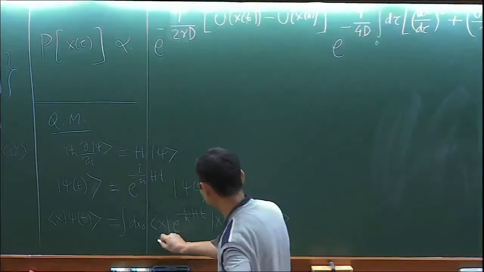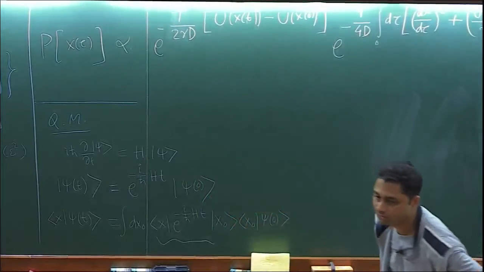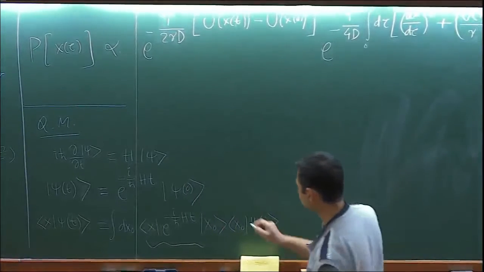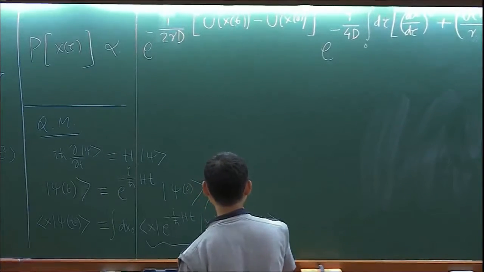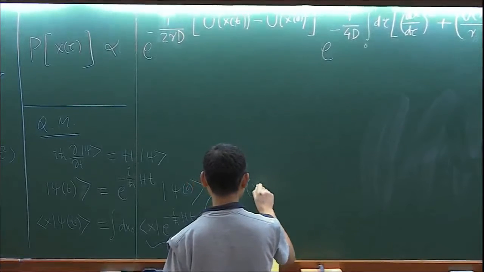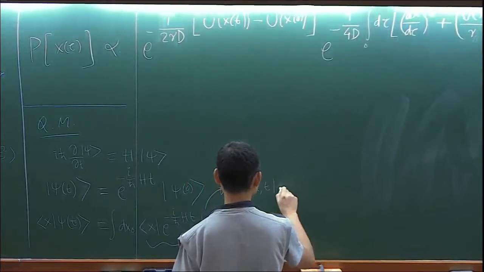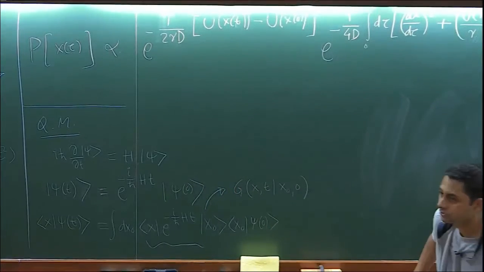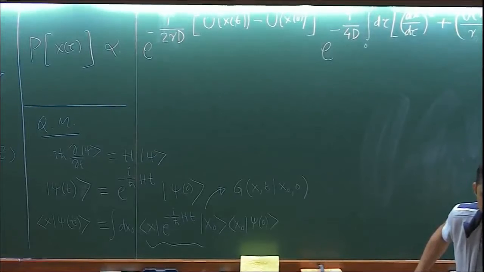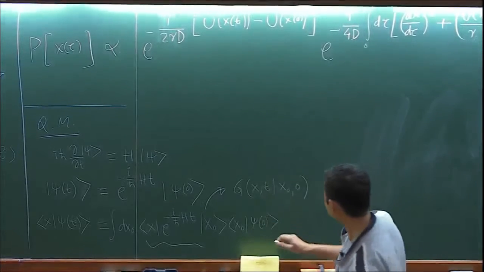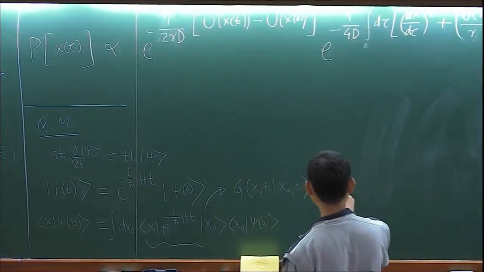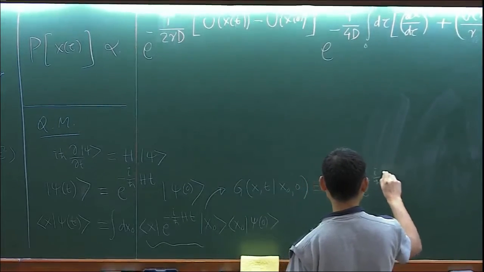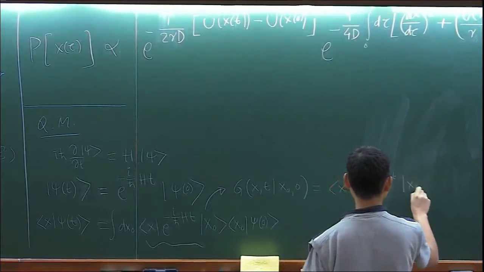So this object, what is it called? That is just a quantum propagator, right? This is the Green function solution of the Schrodinger equation. So this one is given by x, e to the power minus i H t, x0.